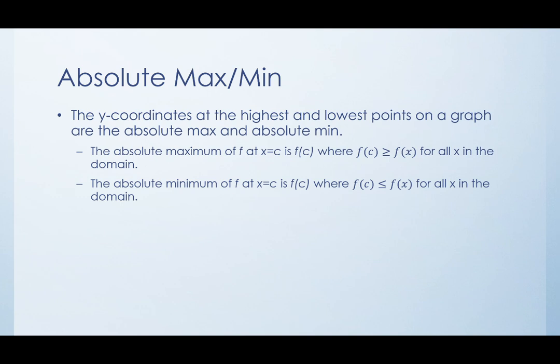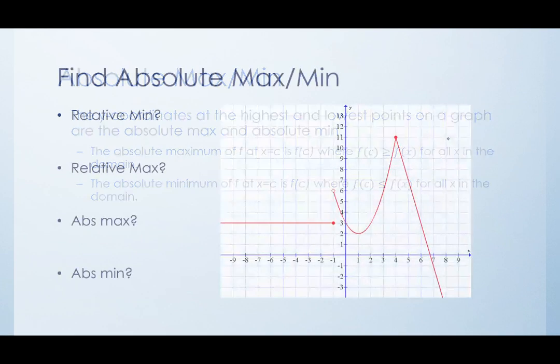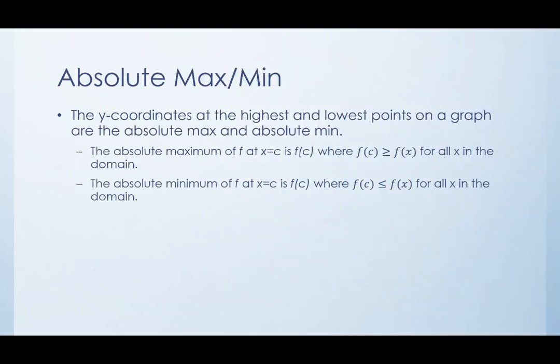All right, so last up for this chapter is talking about absolute maximum and minimum on the graphs. The y-coordinates at the highest and lowest points on a graph, those are what we call the absolute max and the absolute min. So we have the fancy definitions here: the absolute maximum of f at x equals c, where f of c is greater than or equal to f of x for all x in the domain.